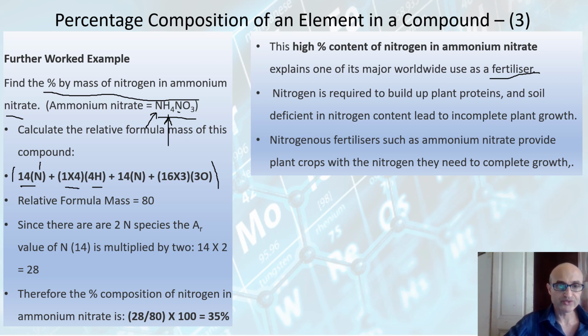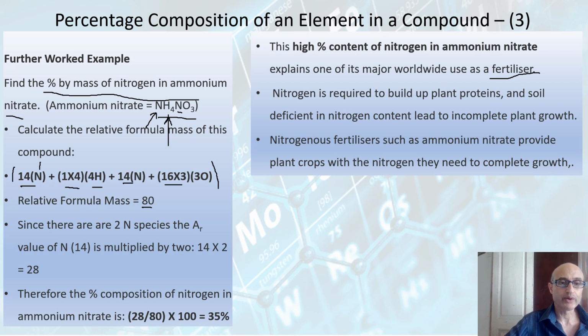Next, we've got another nitrogen, so we put down that contribution over there. And finally, we have 3 oxygens. Since oxygen has an RAM of 16 by 3, that works out to be 48. If you add all of that together, you have the relative formula mass equivalent to 80.